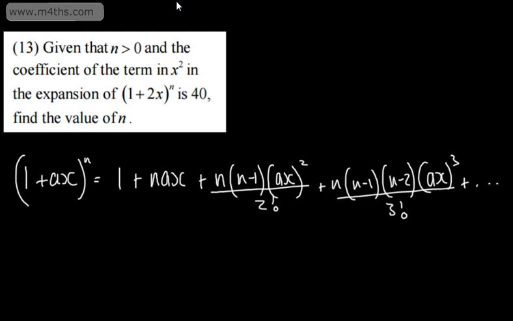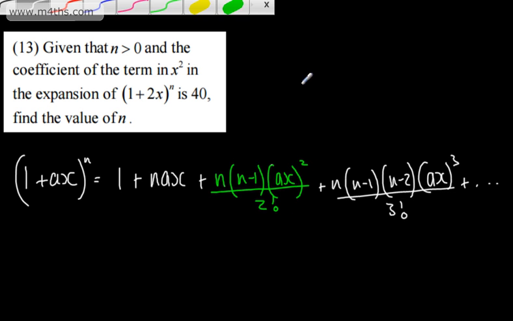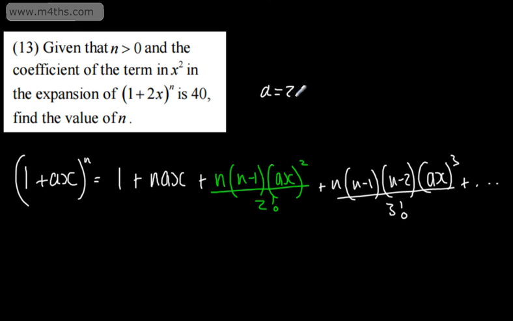So what we're interested in now is the squared term. So the term in x squared. Well, this is the term in x squared. So what I'm going to do is simply go ahead now and write this out. In this particular one, we've got 1 plus 2x to the n. Now a is going to be 2, and n is going to be equal to n. So let's substitute this in here. And what I'm going to write then is n, then n minus 1.